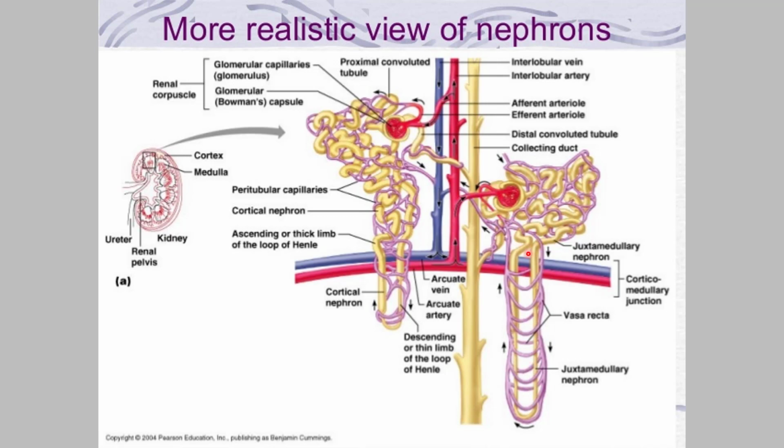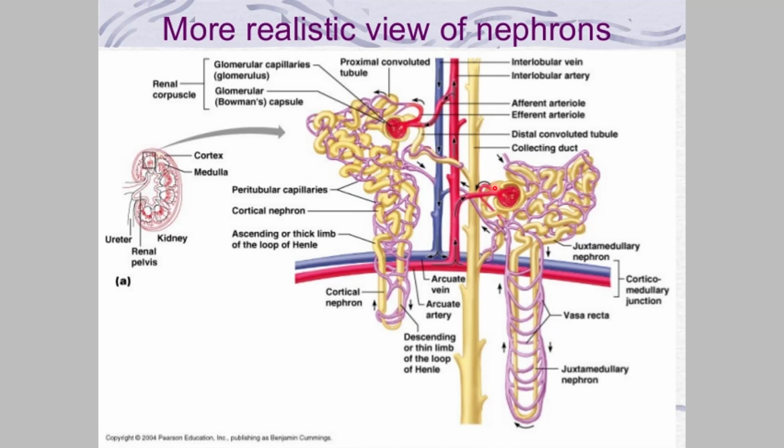So it had already passed the descending limb, the ascending limb, and it got to the DCT. Well, at that point, you can see that it's already had most of the stuff reabsorbed. So that's why it's important to test the concentration at that point.